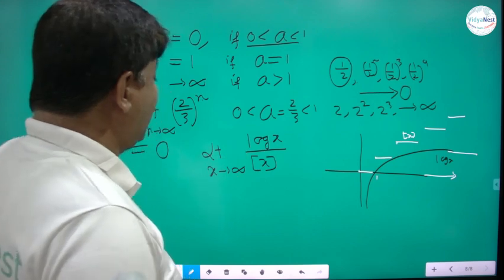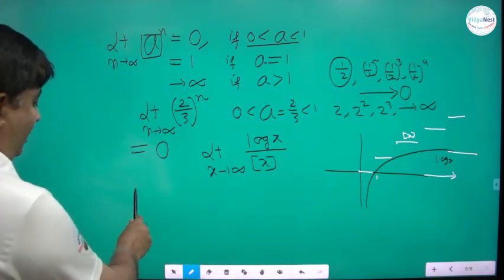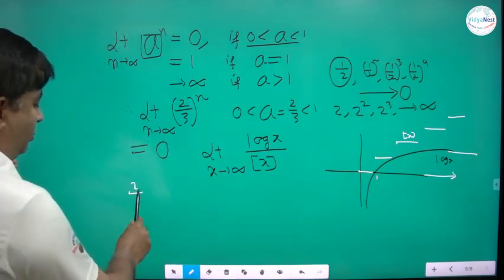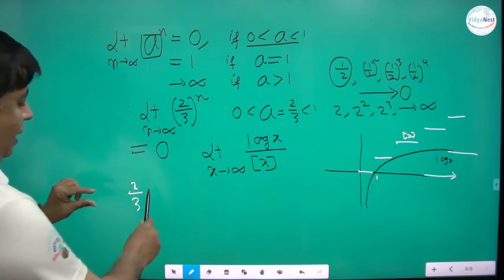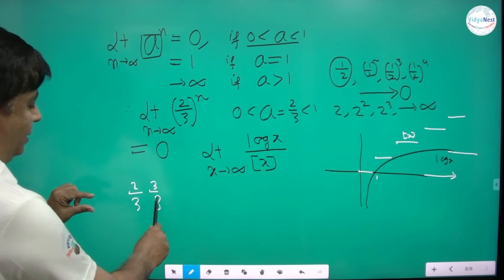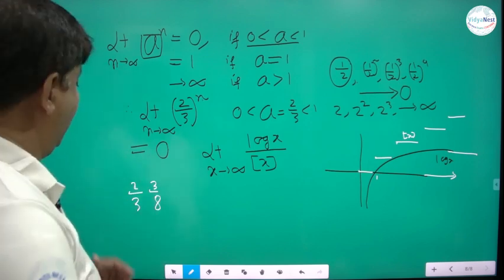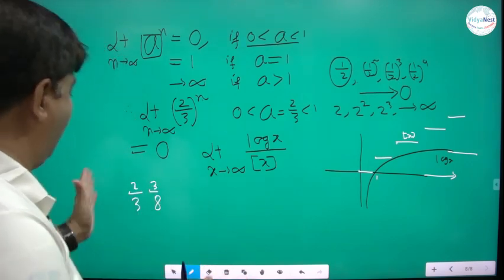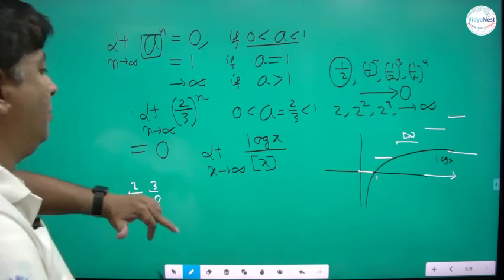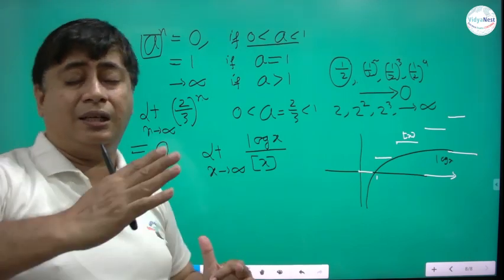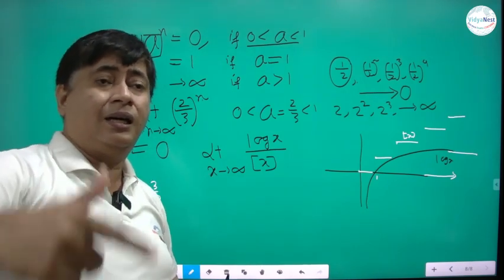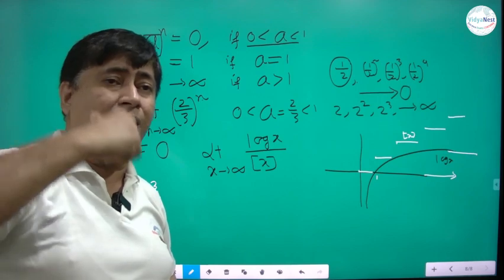So in class 6, you are taught fractions. Suppose it is 2/3, now 3/8. If you increase the difference of numerator and denominator, will the number be incremented or decremented?